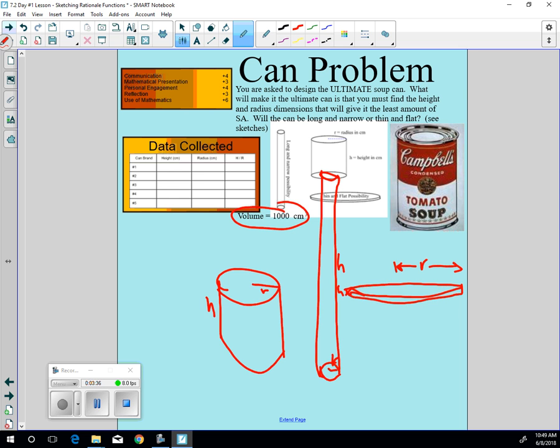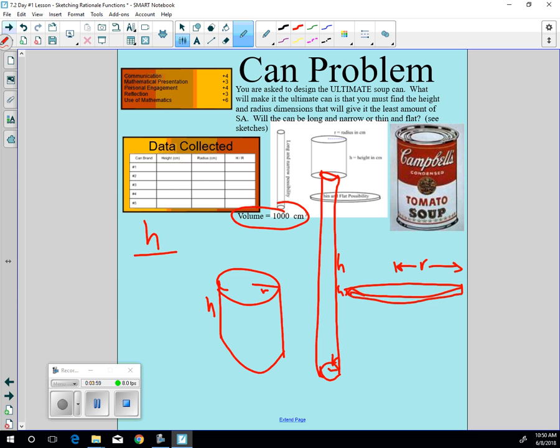If those volumes were equal, notice that the surface area is going to get pretty big. The surface area of this thin tube is going to get big. The squashed tube is going to be very big too. Somewhere between r being huge and h being huge, we want to find the relationship between h and r.